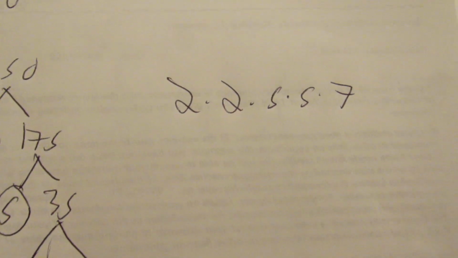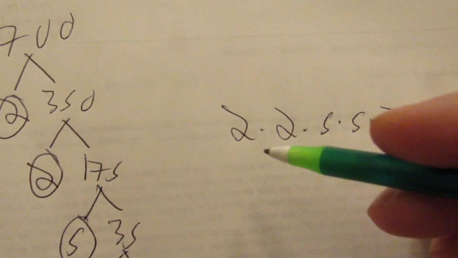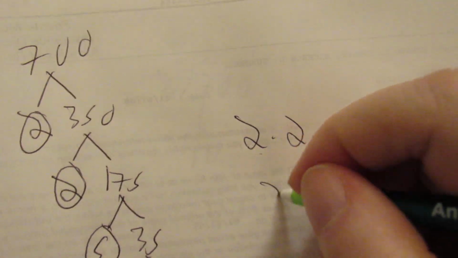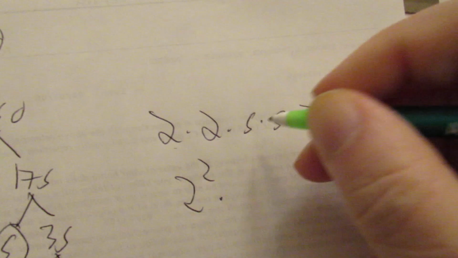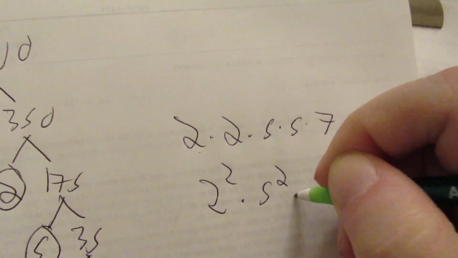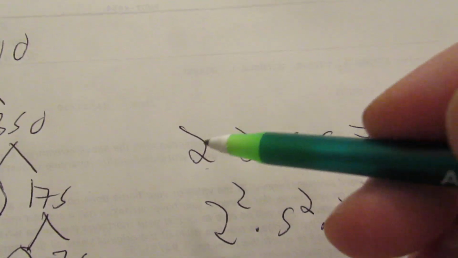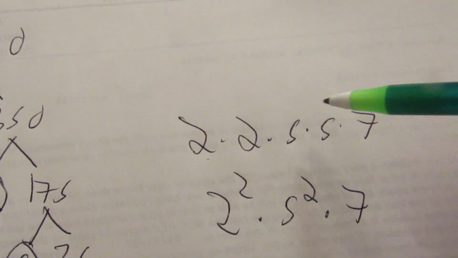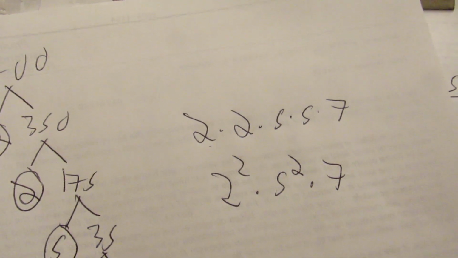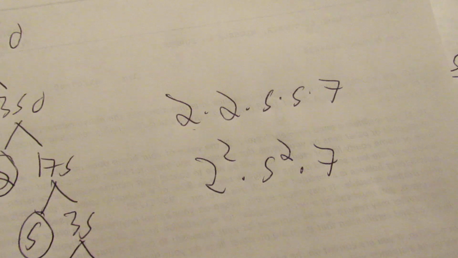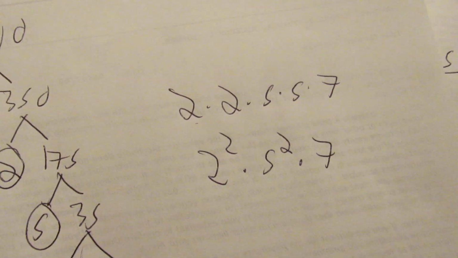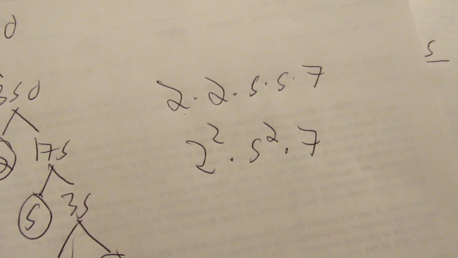Or if the instructions say to use exponents, we could say it's 2 squared times 5 squared times 7. And that's because we're using 2 two times and 5 two times. So this is how you do a prime factorization, showing all of the basic steps.